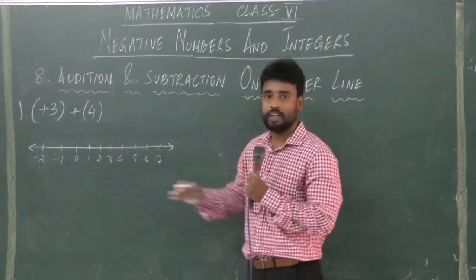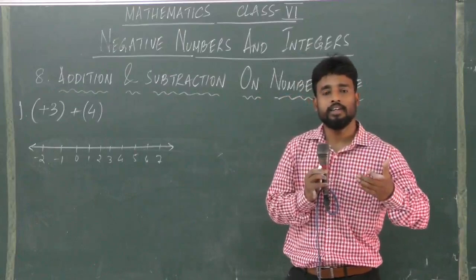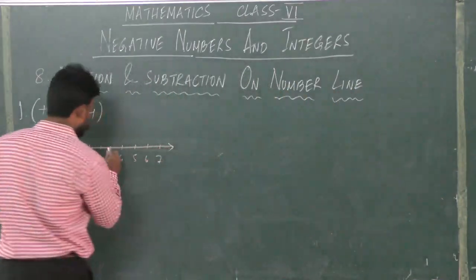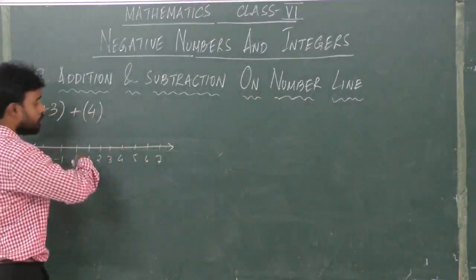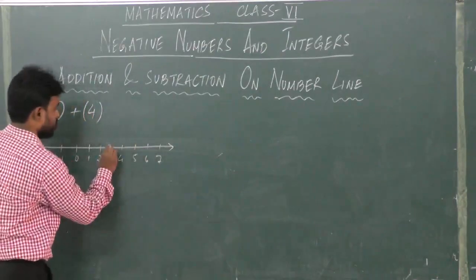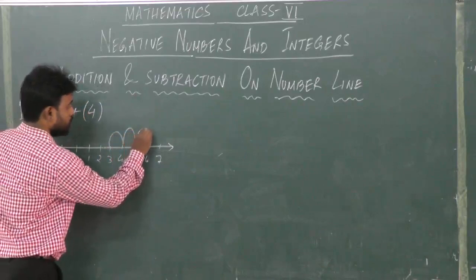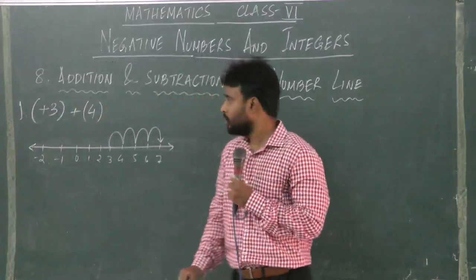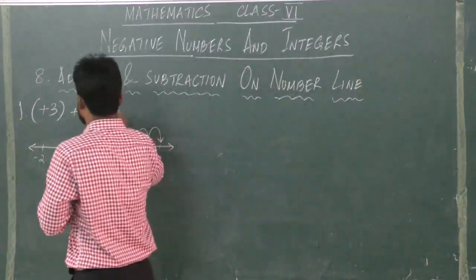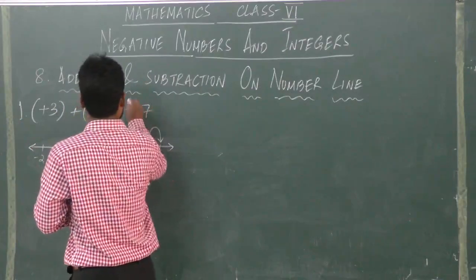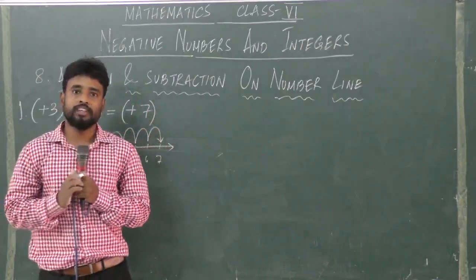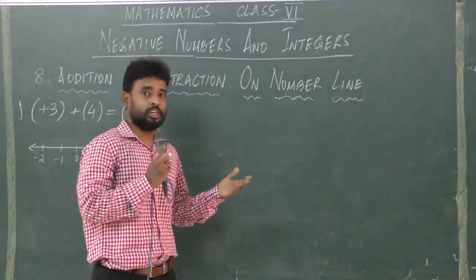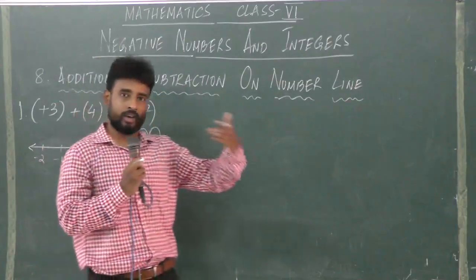And since we know that when we want to add a positive number, we move to the right, we'll start from 3 and we'll move 4 places to the right. 1, 2, 3, 4. So therefore, your answer will be 7. So we understand that when we add a positive number to a number, then we move to the right.